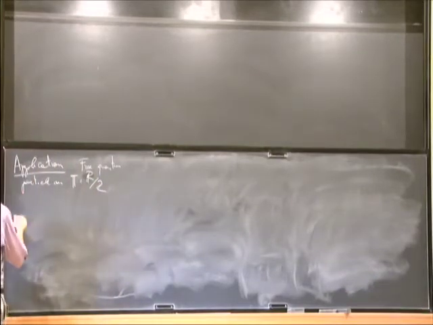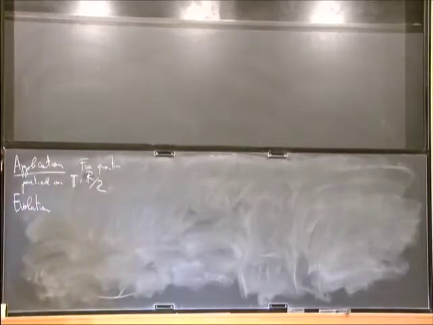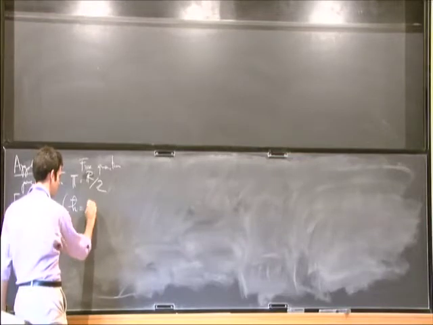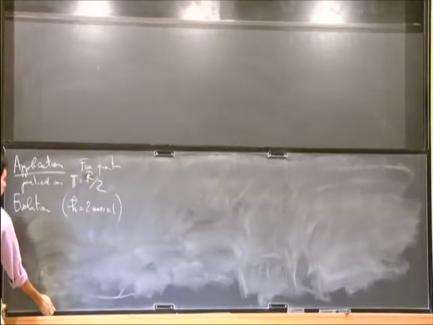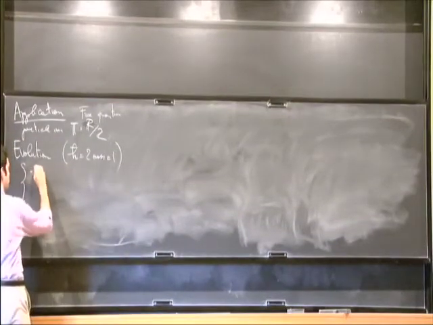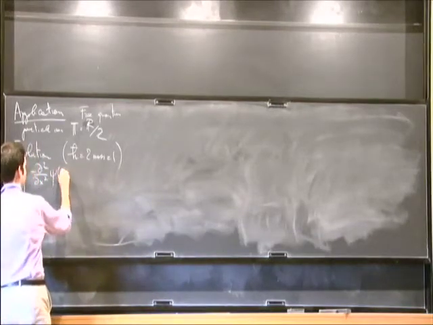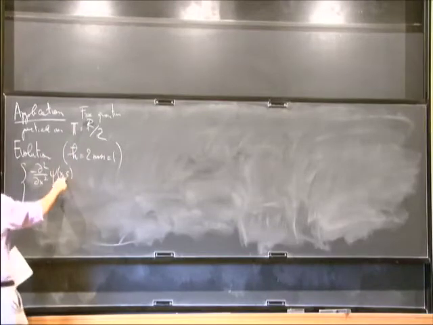And the evolution, the quantum evolution, if you choose properly units such that h bar equals twice the mass of the particle and equals 1, the evolution is given by a Schrödinger equation of this form. So x is the position in the torus, s is time.